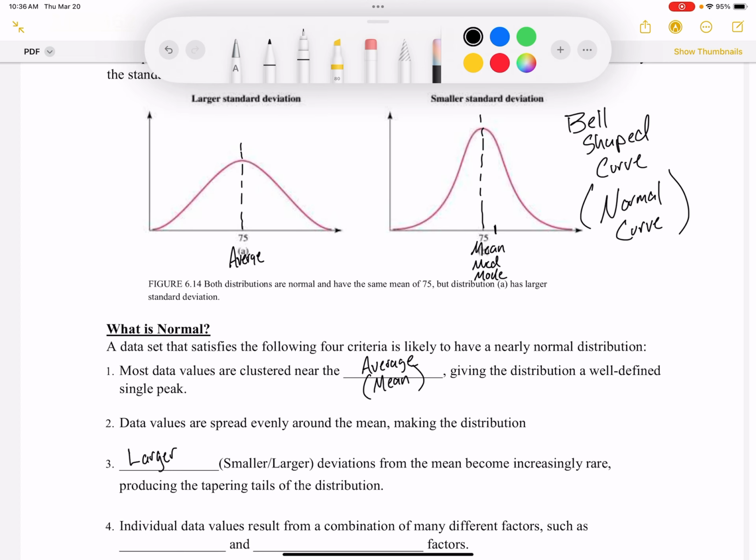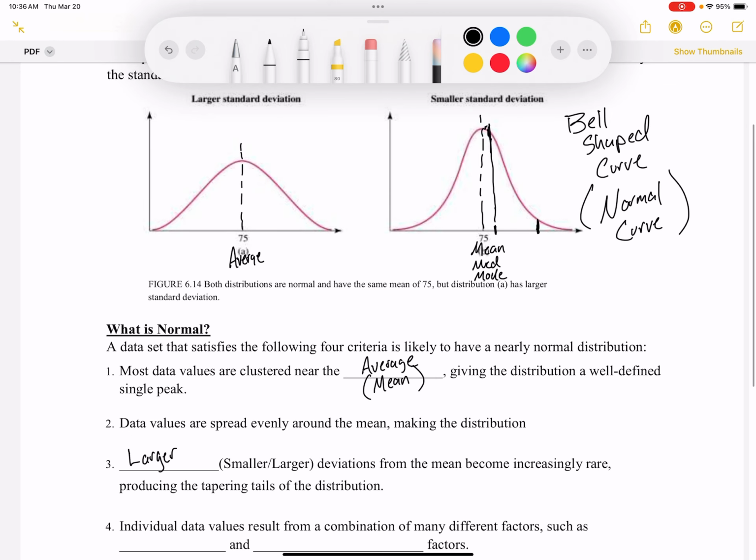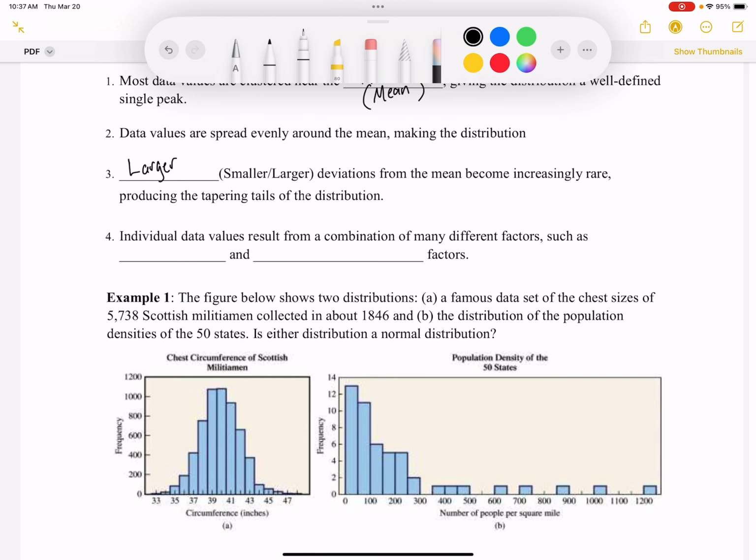Right here there's a lot of data, whereas if I go further and further away from the mean, there's not much data. So larger deviations from the mean are increasingly rare, and that produces tails. This is a tail on this side, a tail on this side. We have tails of the data.